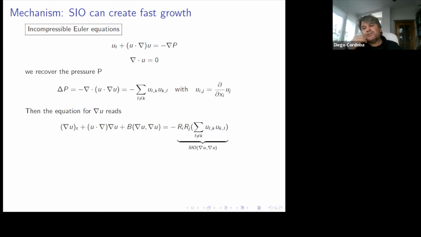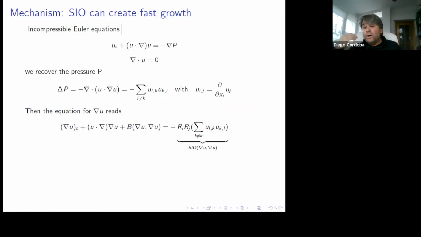So we take the divergence of the Euler equations, and we're left with the Laplacian of the pressure equal to the gradient of a combination of products of the velocity with the derivatives of the velocity. We can invert the Laplacian, and we have the pressure in terms of a product of components of the velocity and its derivatives in integral form.